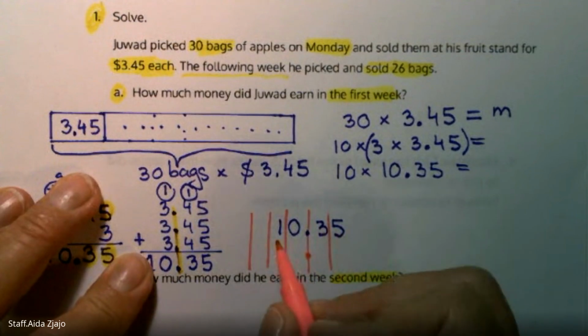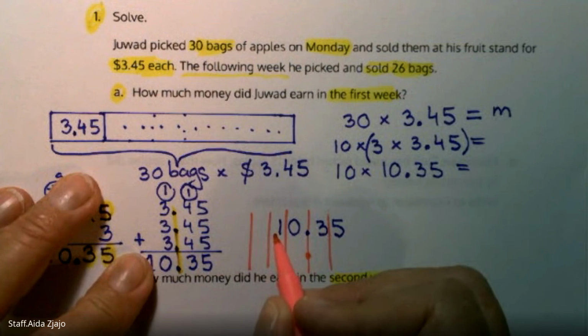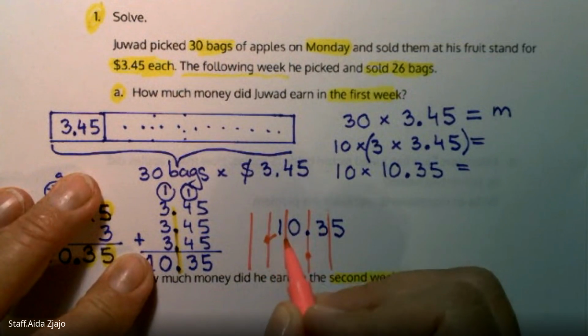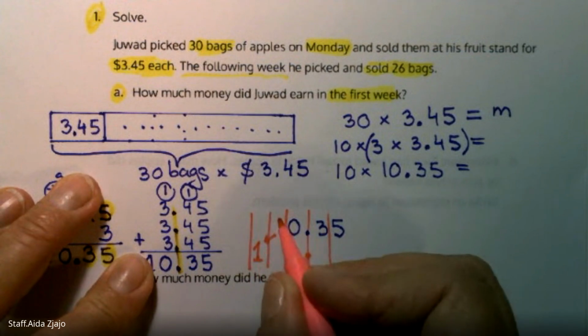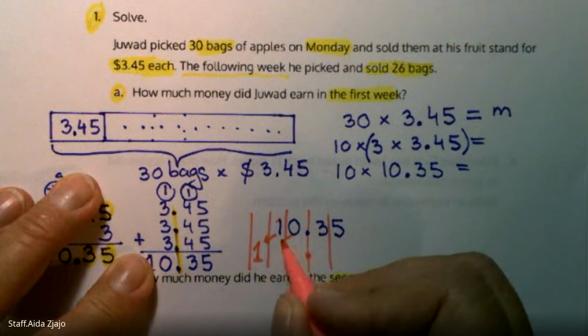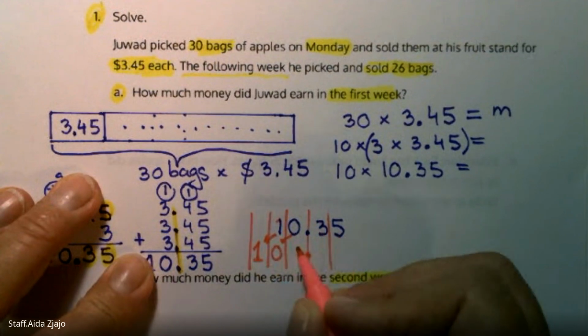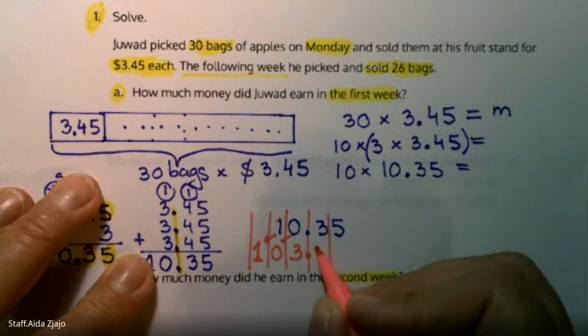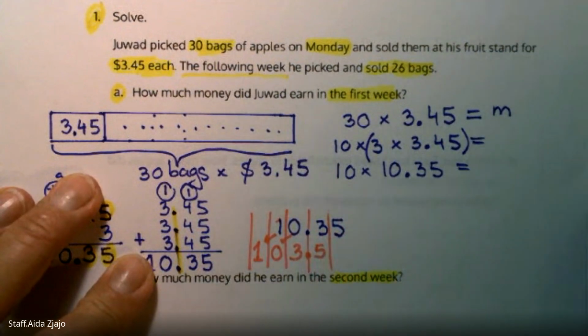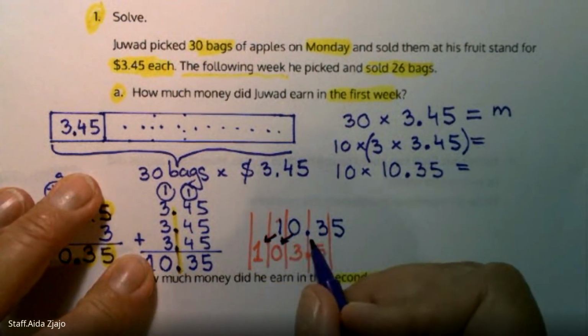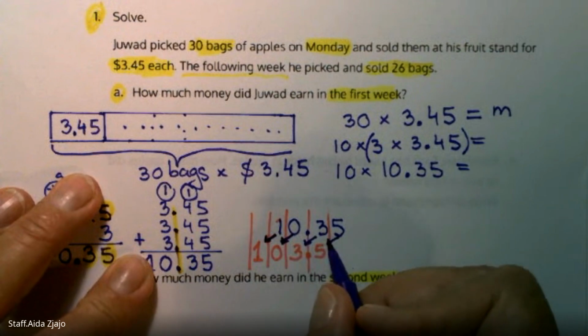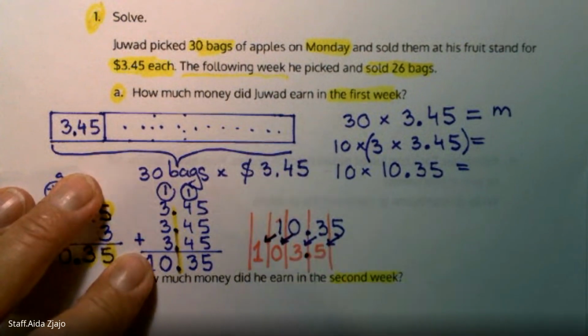It means the number is going to grow 10 times, so each number will move just once. So 1 is going to be here, 0 here, 3 here, and then 5 here. Each number gets 10 times greater, and that's what moves to the left.